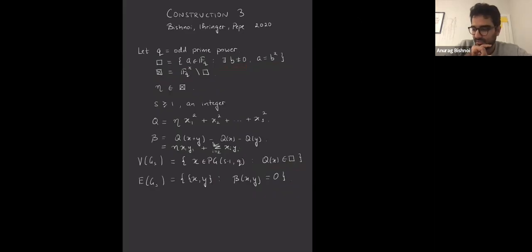What is the importance of eta, right? Yeah, that's the main thing. So if you don't take eta, then you run into some sort of a mess where you have to do a big case analysis, depending on whether your q is congruent to 1 or 3 mod 4 and your dimension is congruent to 1 or 3 mod 4.